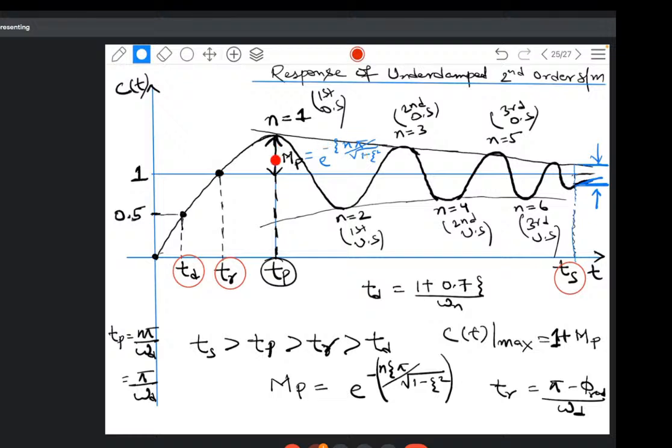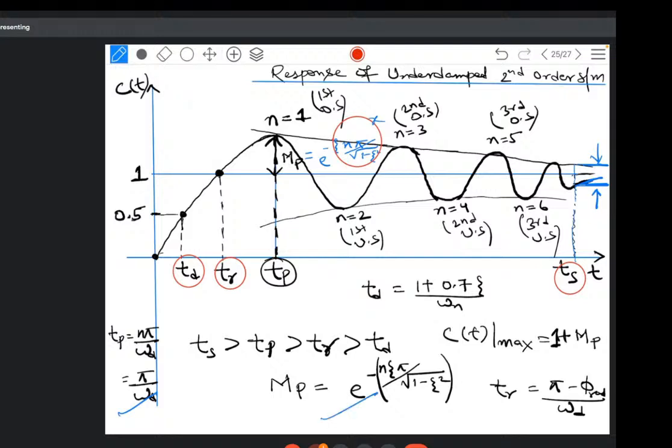If you want percentage overshoot, multiply by 100. Okay, this part stays together, keep that in mind. If you take the exponent as minus x, then this is your x. So all the formulas are written here to summarize everything.